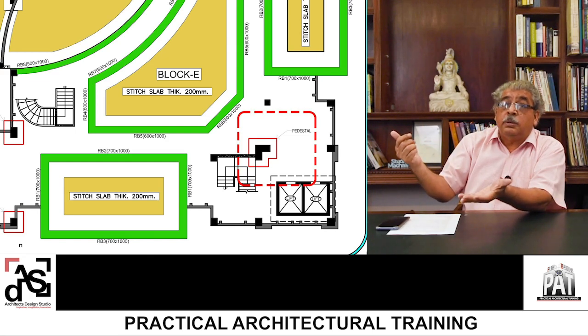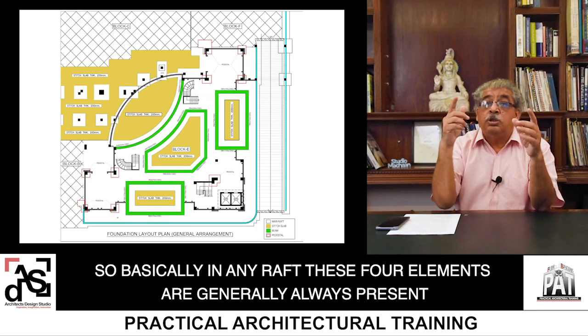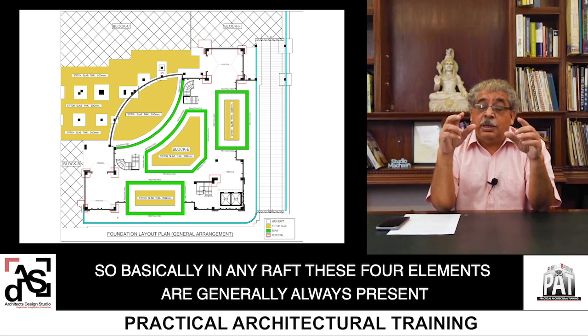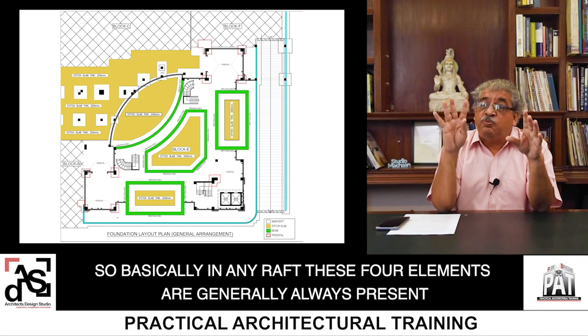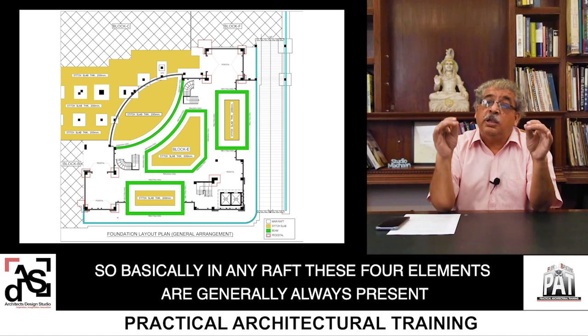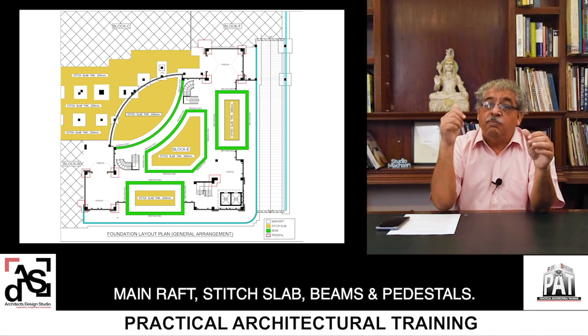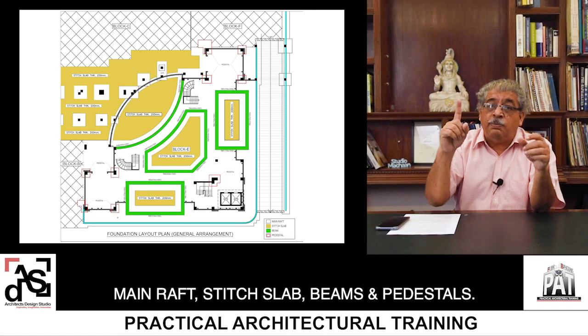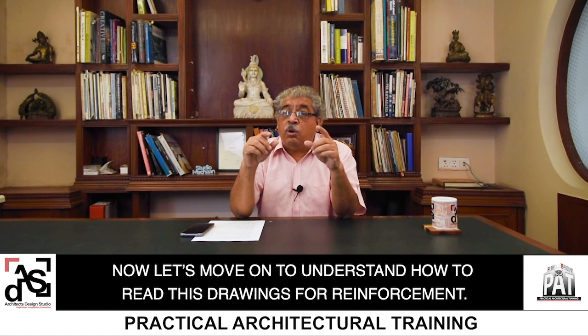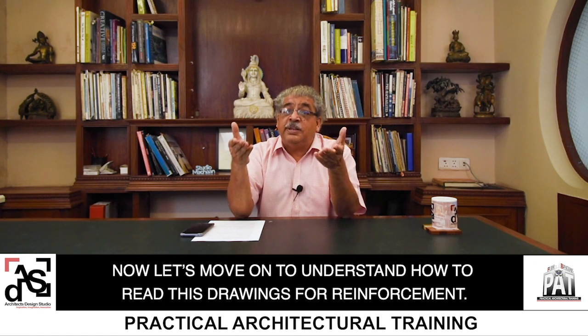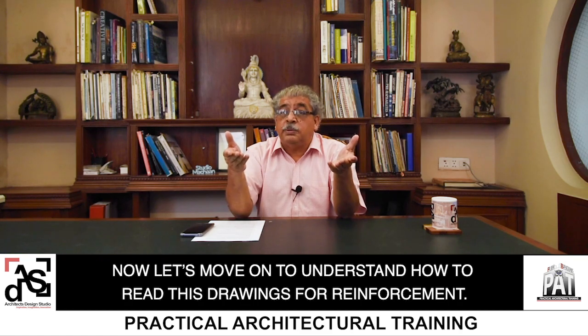Have a look again at the section also. So basically, in any raft, these four elements are generally always present: main raft, stitch slab, beams, and pedestals. Now let's move on to understand how to read these drawings for reinforcement.